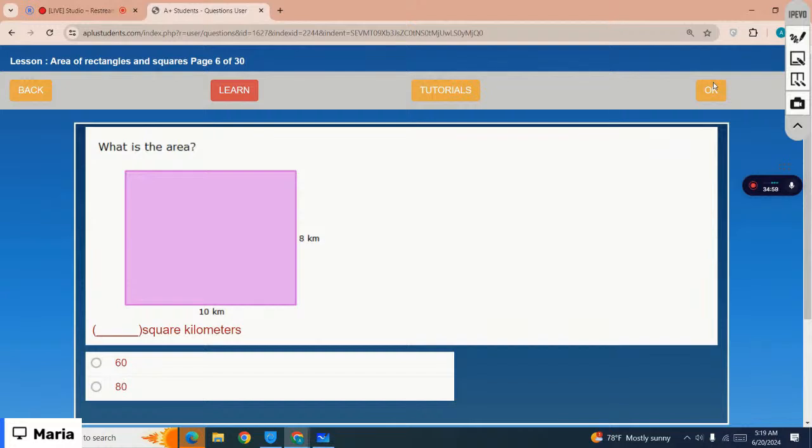Which is the correct option? 80 square meters is the correct option, right?